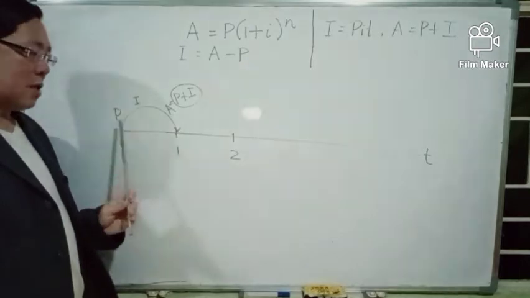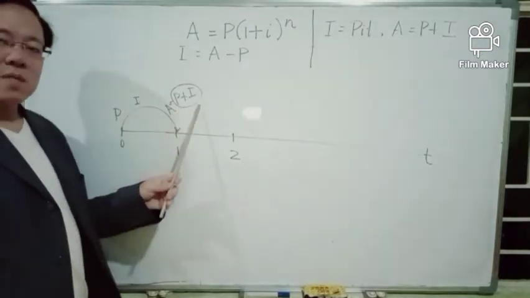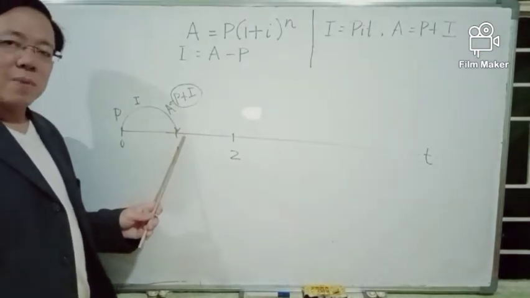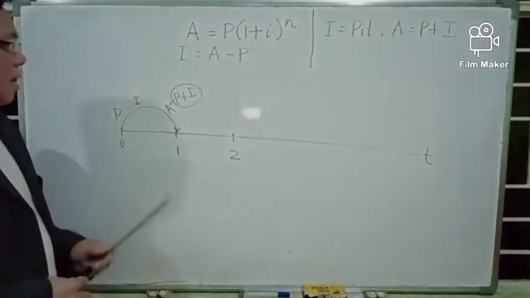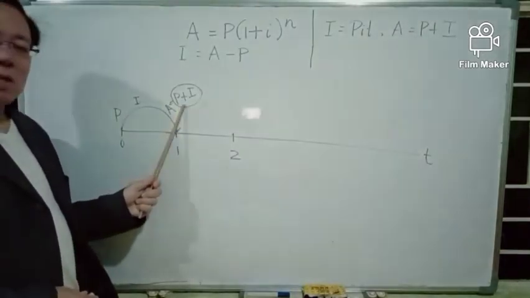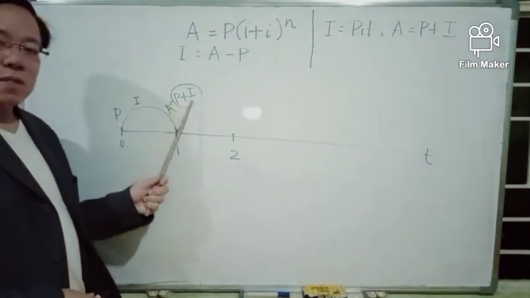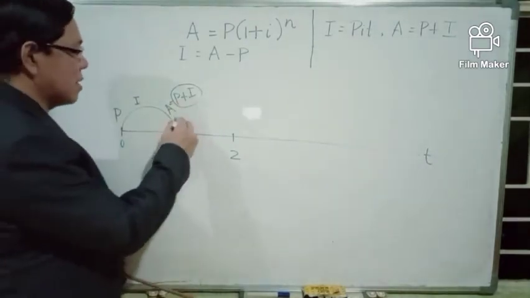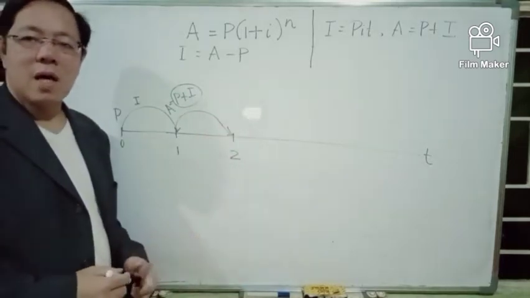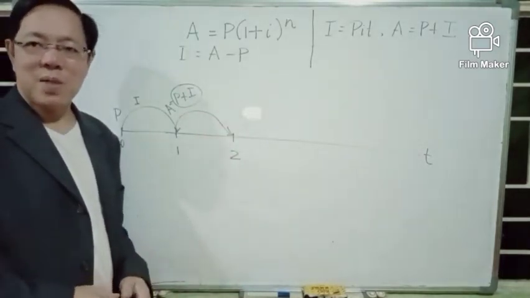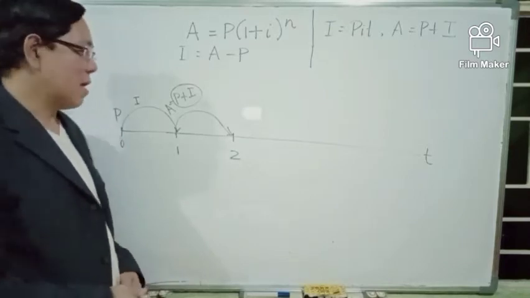The accumulated value of this P given by P plus I will be taken as the principal at the beginning of the second year. And this again, the original principal plus the interest, will earn another interest at the end of the second year, computed at the compound interest rate per period i.